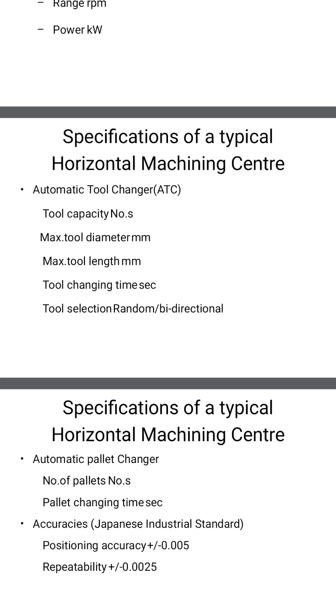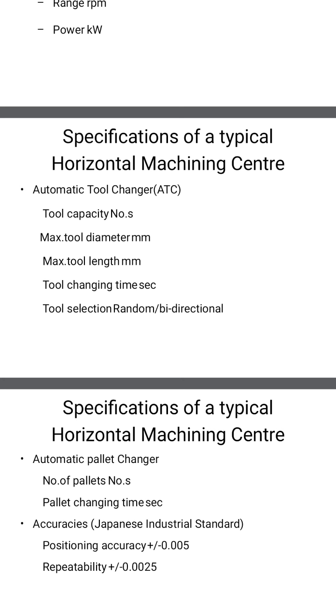Automatic tool change also has tool capacity, how many tools it holds. Next, maximum tool diameter, maximum tool length, tool changing time. We should check all these specifications when we go to the machine for work, whether it suits our job work or not.